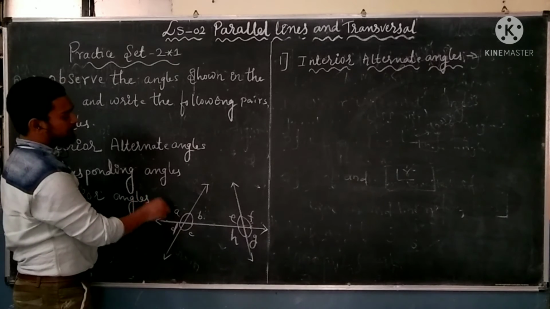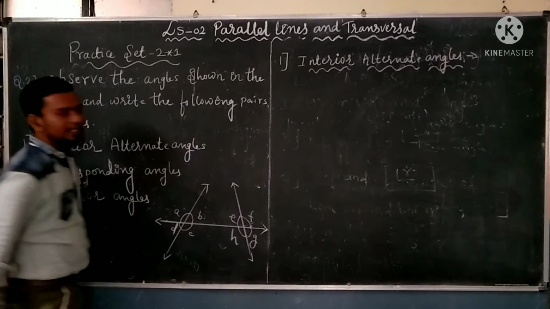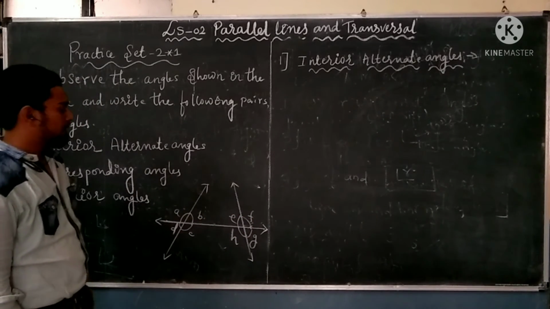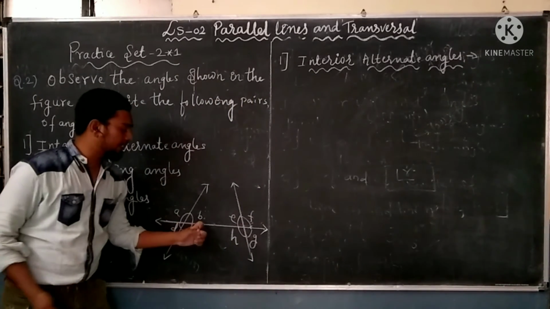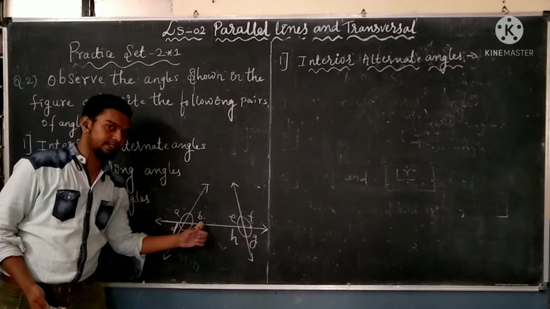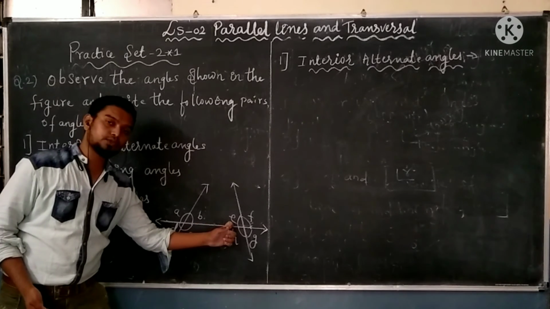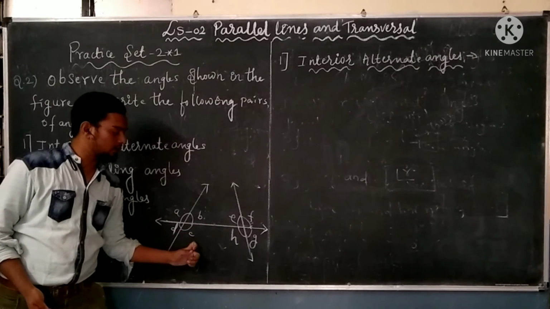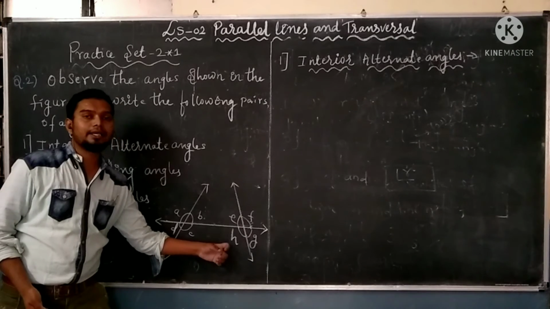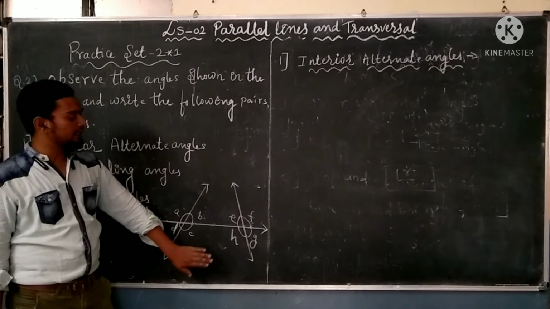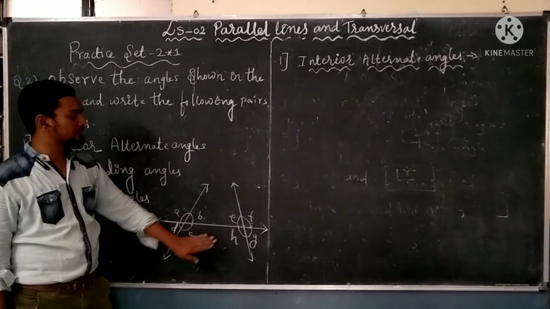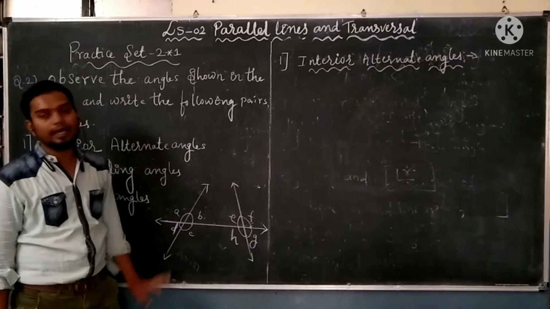This is the first arm and this one is the second arm. Angle B is an interior angle. Angle E is also an interior angle. Angle C is also an interior angle and angle H is also an interior angle. There are 4 interior angles in this figure: B, E and C, H.